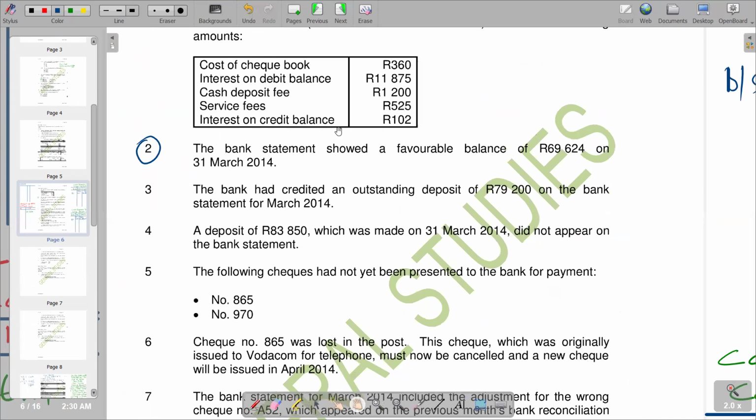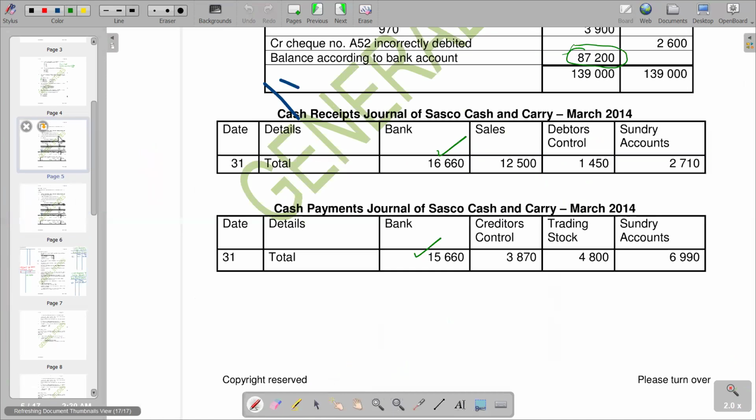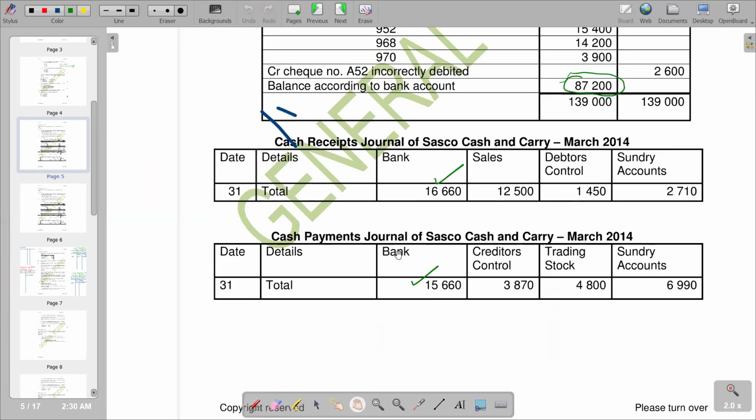We are saying the bank had credited an outstanding deposit of 79,200 rands on the bank statement for March 2014. So basically, this outstanding deposit, if you go back to the initial information that we are given in the question, you see that 79,200 is the outstanding deposit.